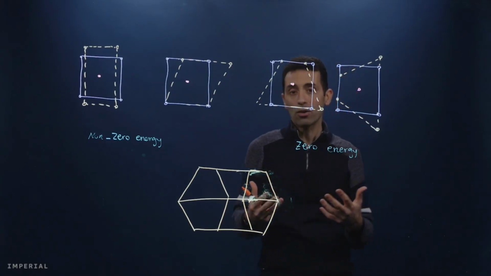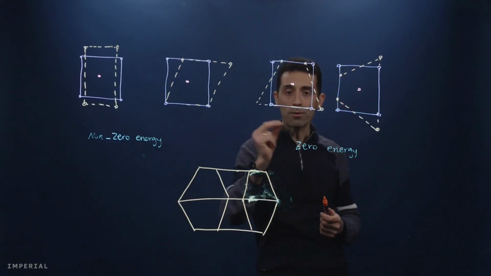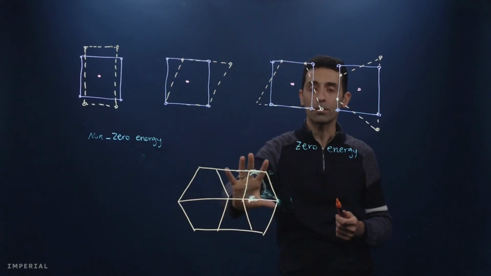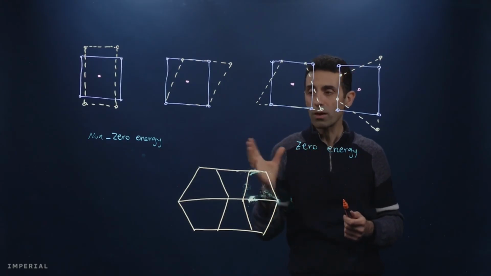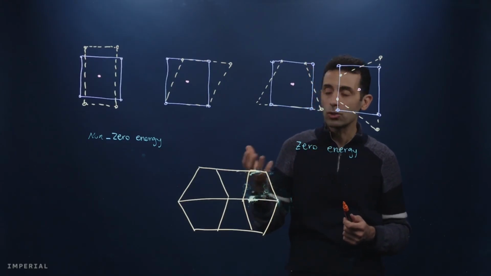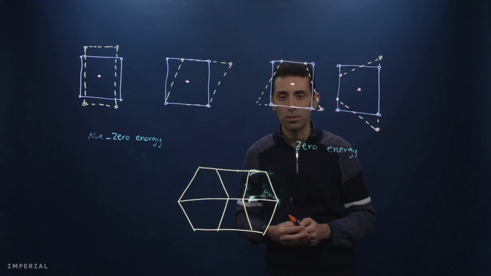This energy is called the hourglass energy. And we should always monitor the hourglass energy inside our model in order to make sure that it is small enough. A rule of thumb is that the hourglass energy should be less than 10% of the internal energy inside our structure.